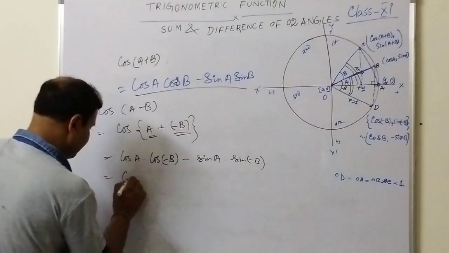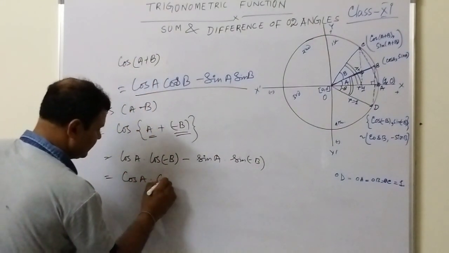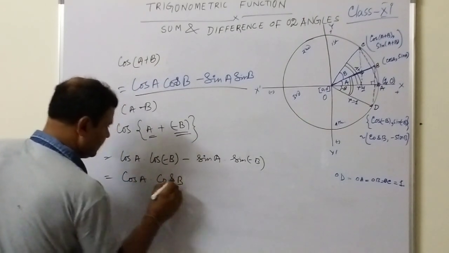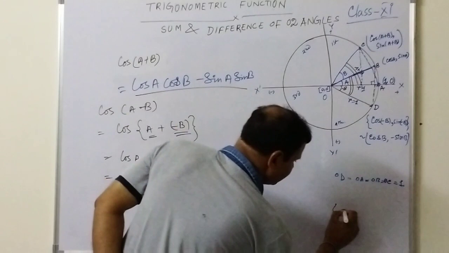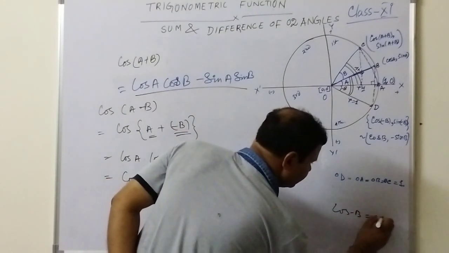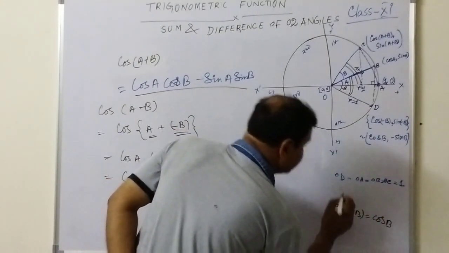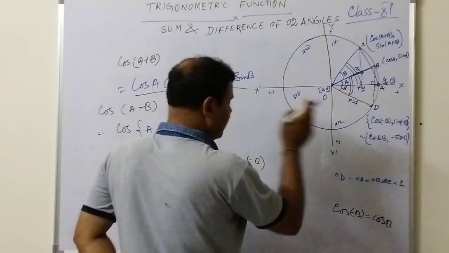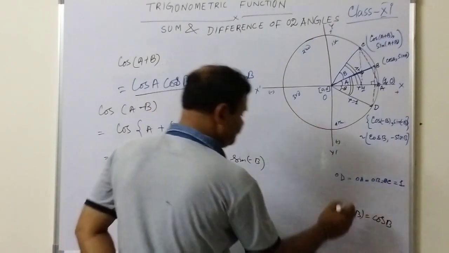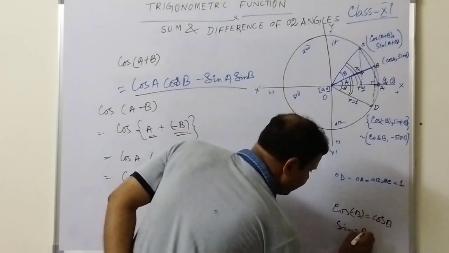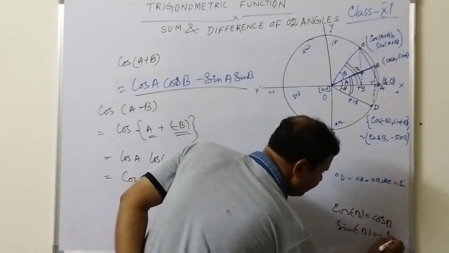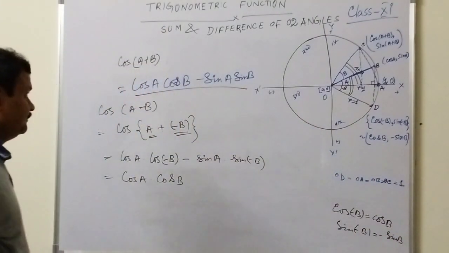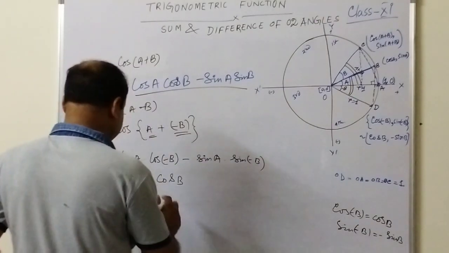So simply this will be cos A cos B, because cos minus B equals cos B. Remember, I told you this is per quadrant, right? Sin minus B equals minus sin B. Correct?